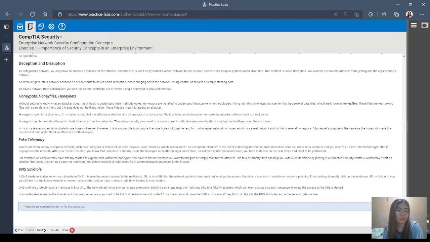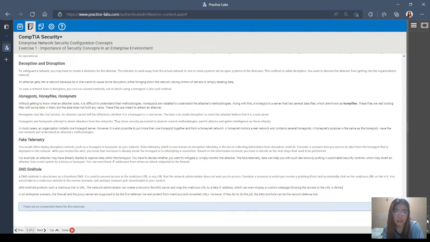Consider the scenario that you receive an alert from the honeypot that is deployed on the network. After you receive the alert, you know that someone is already inside the honeypot or is attempting to make a connection. Based on the information received, you have to decide on the next steps that need to be performed.